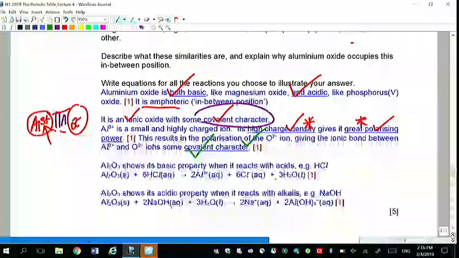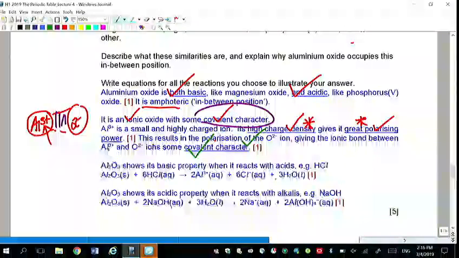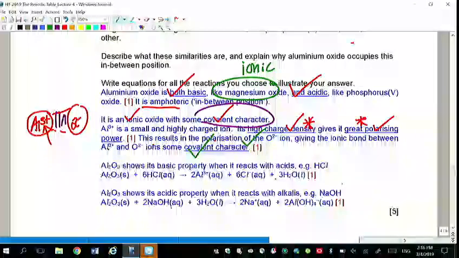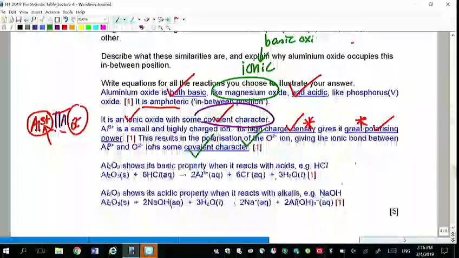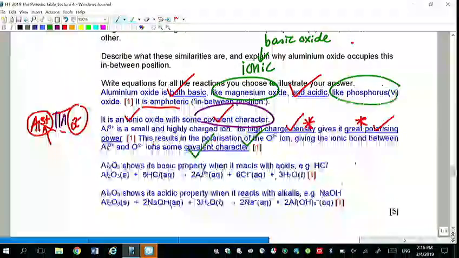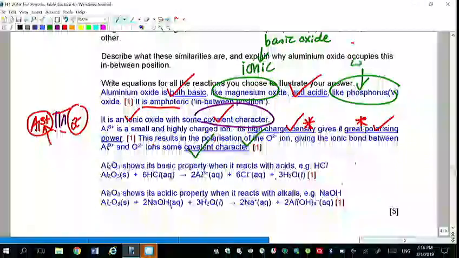Because of this ionic bond with covalent character, that is why it tends to be able to act as an acid and base at the same time. Understand that magnesium oxide is an ionic compound, and ionic compounds tend to be basic oxides, whereas phosphorus oxide, which is a covalent compound, tends to be an acidic oxide.